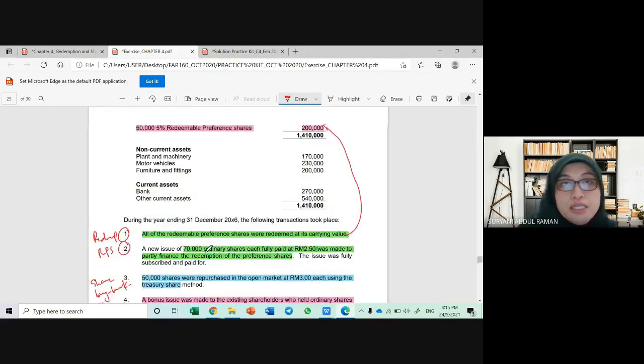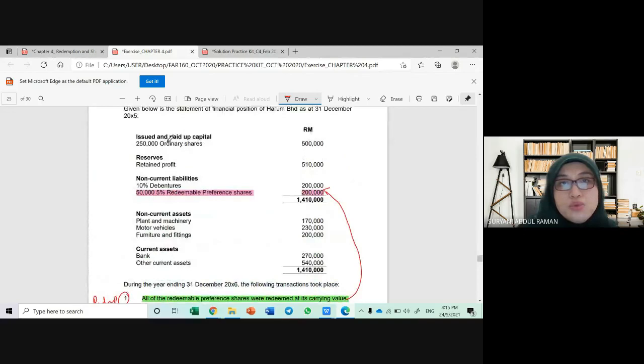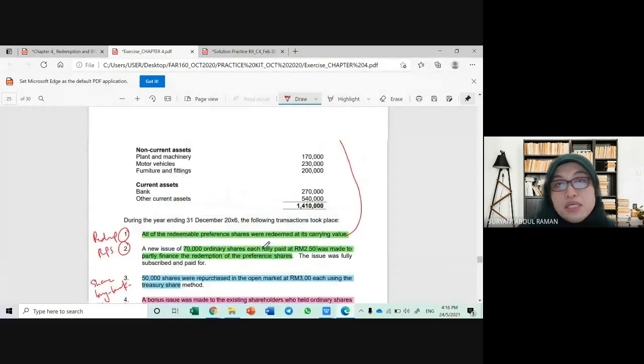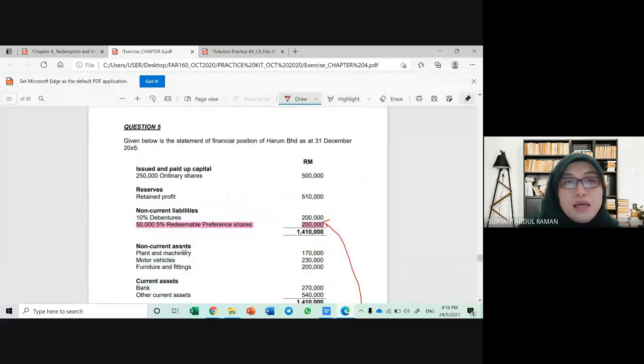Okay, so here, these are the shares which have been bought by the existing shareholders, and now you are going to distribute the bonus issue on the basis of 1 for every 10 ordinary shares held. Meaning that for the bonus issue, the amount is not given, but you can find it by yourselves.